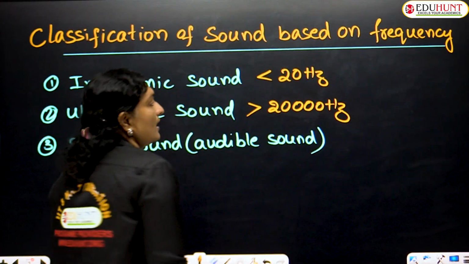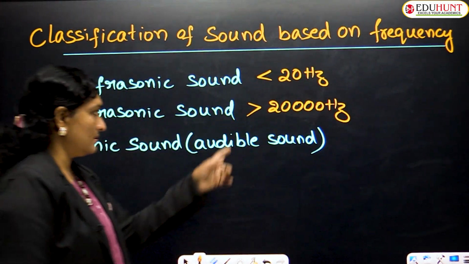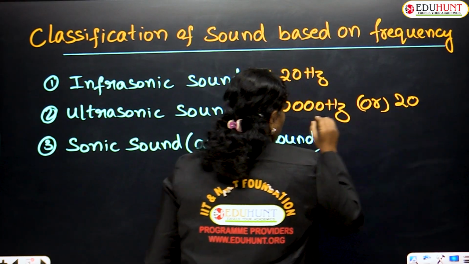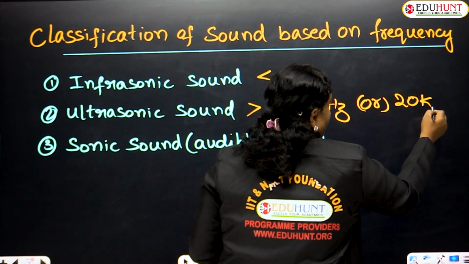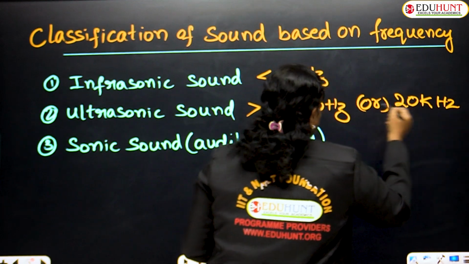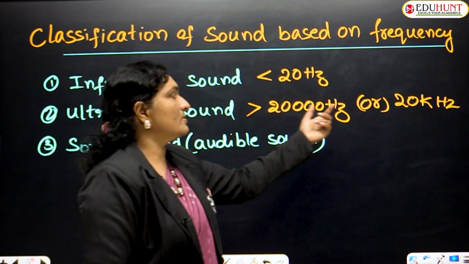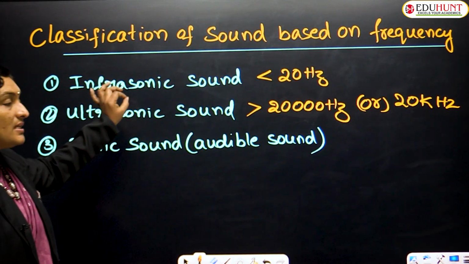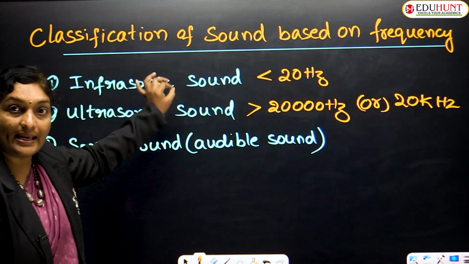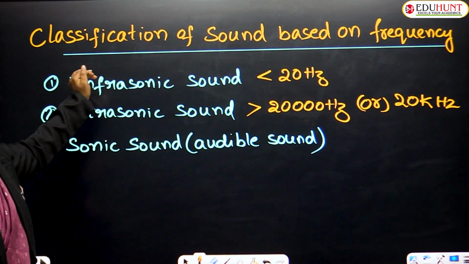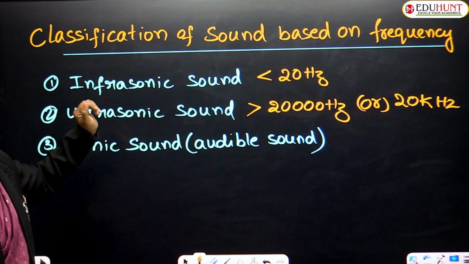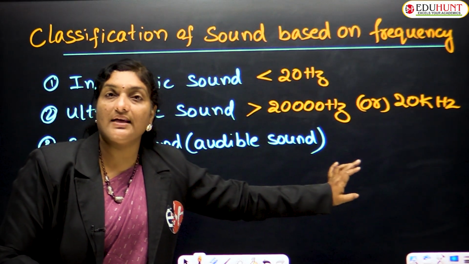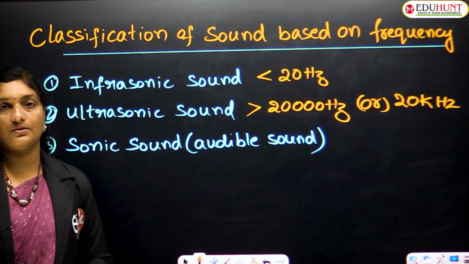And suppose the frequency of the sound is more than 20,000 hertz. This is 20 hertz and it is 20,000 hertz. Few books write 1000 as K hertz, so 20,000 hertz or 20 kilohertz, both are the same.